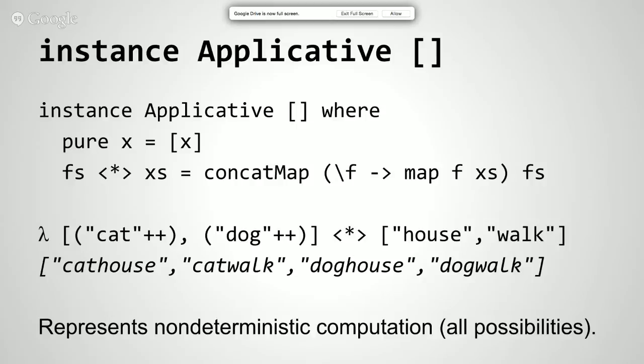So what it actually does is it takes all of the fs and all of the xs and computes a Cartesian product. So what it's representing is what I'm talking about with this deterministic, non-deterministic computation, where you just compute all the possibilities. Does that make sense?